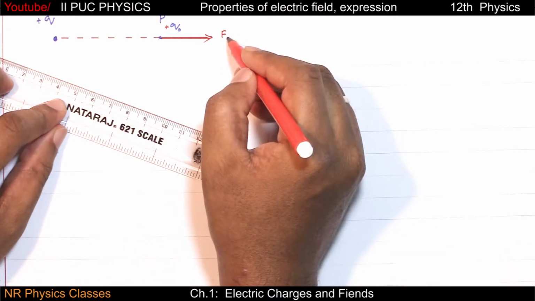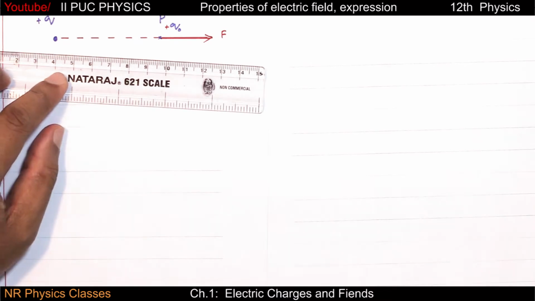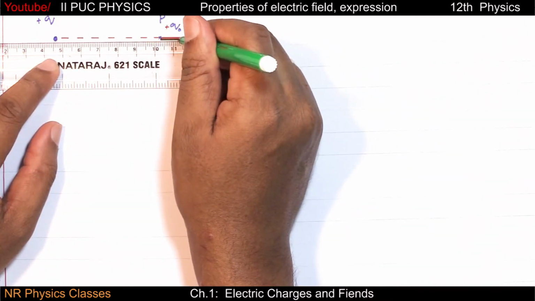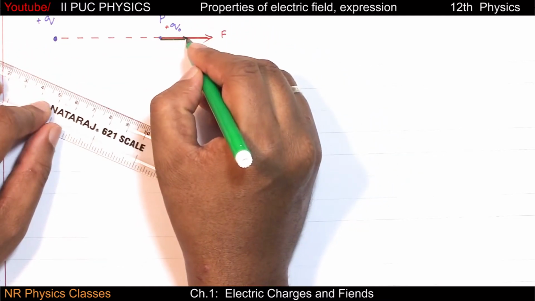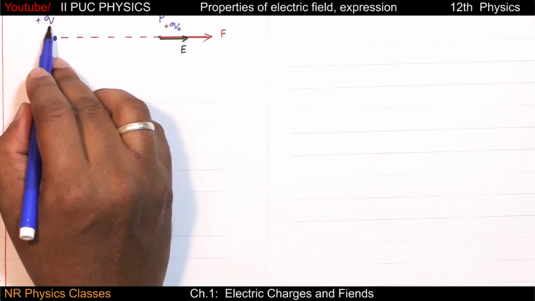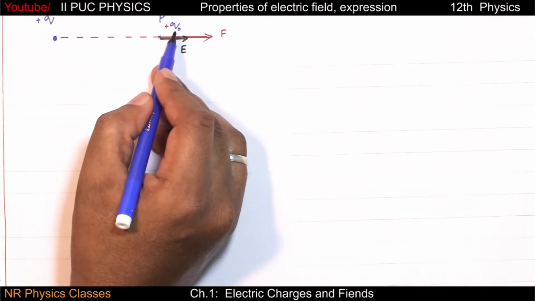If this is the direction of force, then this is the direction of electric field. Let us write the force between Q and Q0 according to Coulomb's law.